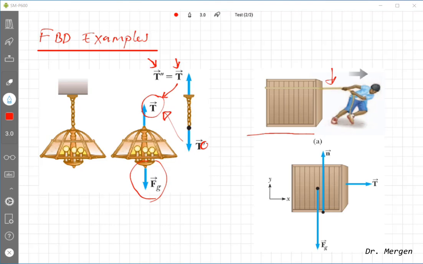This is the weight of the box, and this one is called the normal force, which holds the box stationary in the vertical direction. The normal force and the weight of the box are equal in magnitude, but opposite in direction.